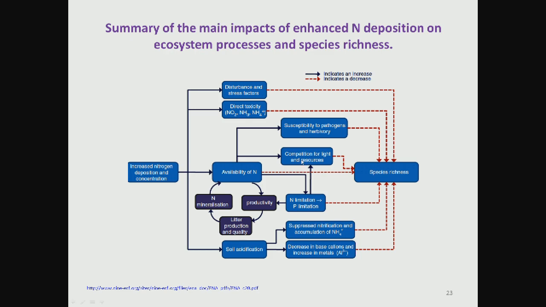Changes competition, changes soil acidification. I haven't even gone on to this because this is soil and that's not my area, but Richard Bargett and people like that are working in this area. And all has negative impacts on species richness. So there are lots and lots of routes where you get a change in species richness and species composition.